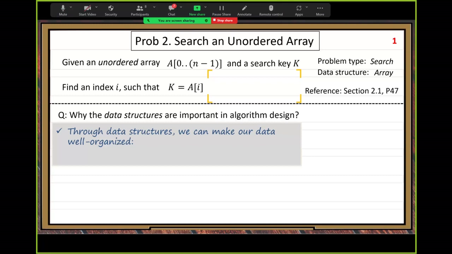So we counted the number of squares on a chessboard. So we organized our data first. So you know, the data arrangement, to organize your data in a certain way, is very important. So usually we use data structure to do that. All right. So find the required data faster. If you organize your data well, you can find the required data faster.